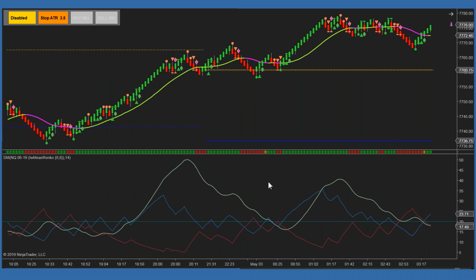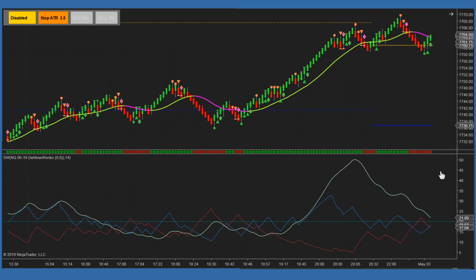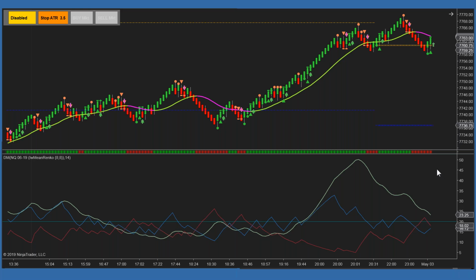Now, hold on, let me find a good example. Okay, this one's fairly textbook. All right, so if you're watching the peaks, whoever makes the biggest peak and is on top is going to be the strongest.